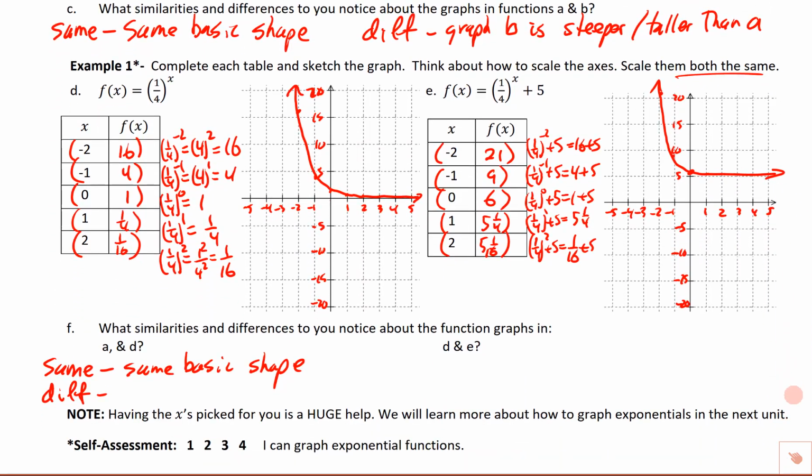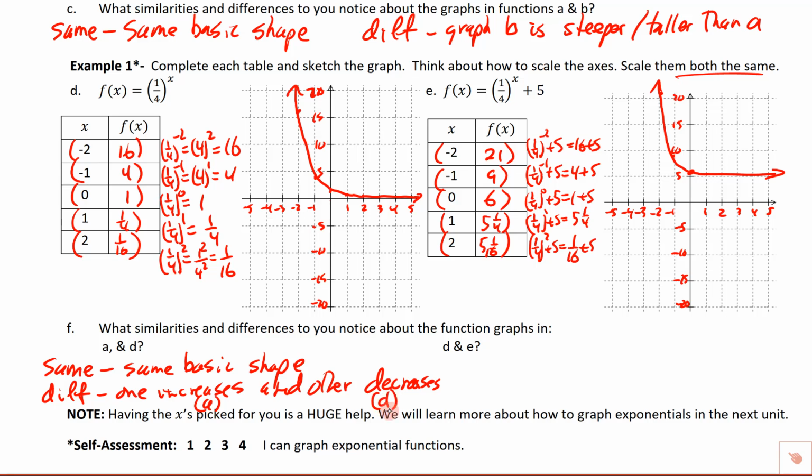Same basic shape, but one goes up and one goes down. So one increases, and the other decreases. Okay, well, the one that increases, remember, that was A, and the one that decreases, that's this one right here. It goes down from left to right, so that one's D.